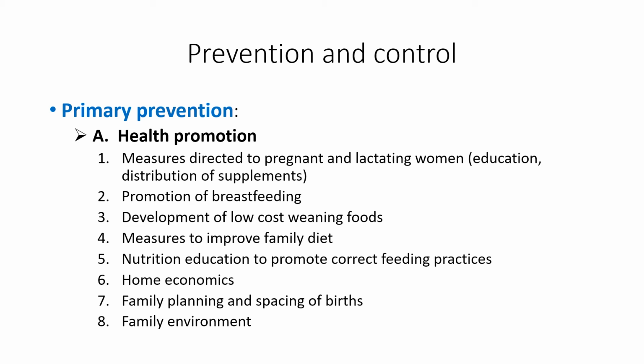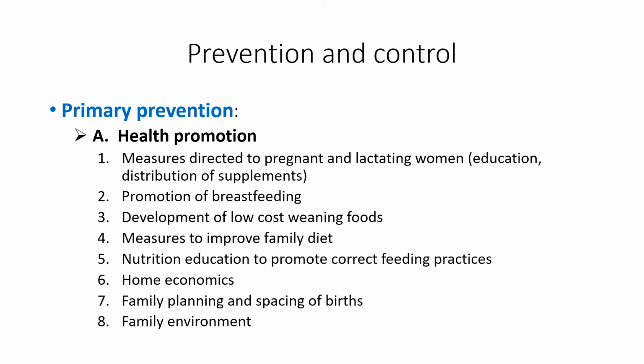Then family planning and spacing of births. Family planning is very important. The pregnant women, the lactating women, the adolescent girls, the married women are educated about the importance of family planning, what the various methods to implement it are, be it temporary or permanent methods, and also spacing of births.